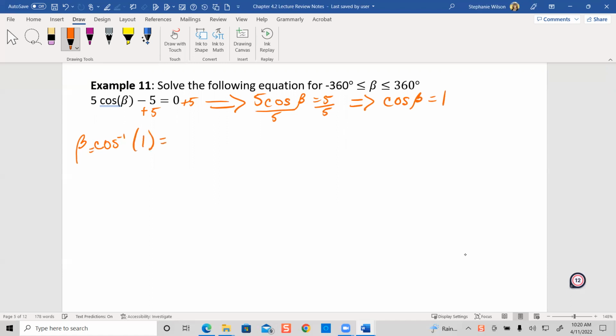I type it in the calculator, I get 0. And if you go to the computer, you'll notice that cosine of 1 falls at 0 degrees. So my answers here are negative 360 degrees, 0, and also positive 360 degrees, because it says that it can equal them.